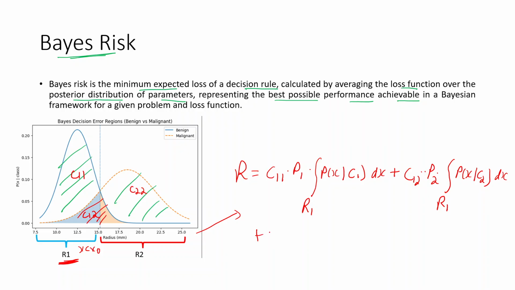Now, plus C21 we will take. That is this side, C21. We are in the region 2 now, and on this side we are deciding it as 2, but it is actually class 1. Therefore, it is P of x with respect to C1 and then dx.